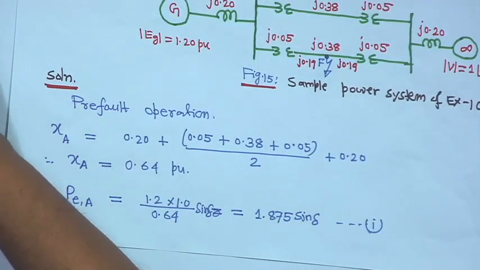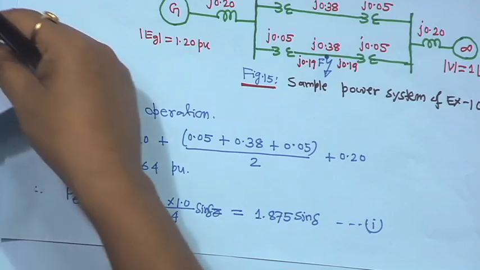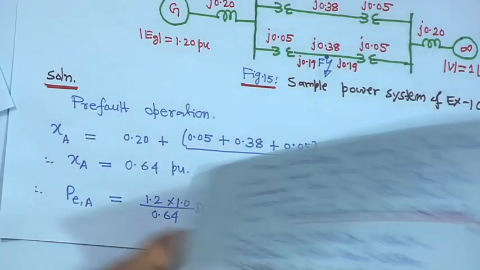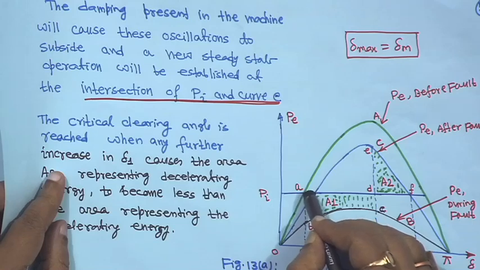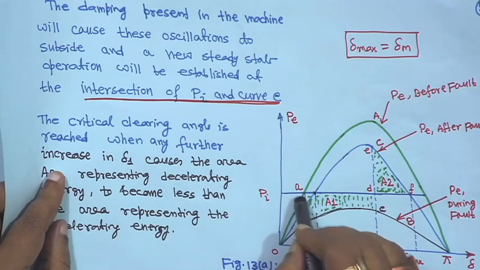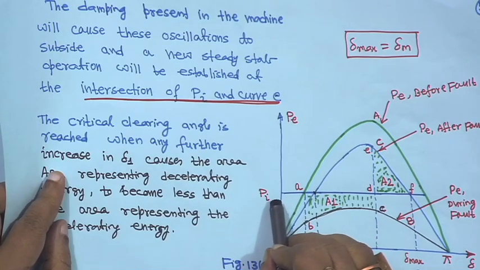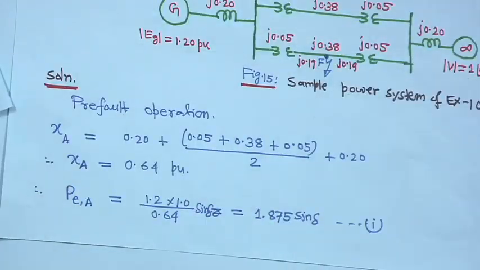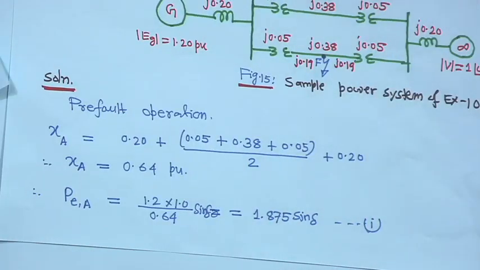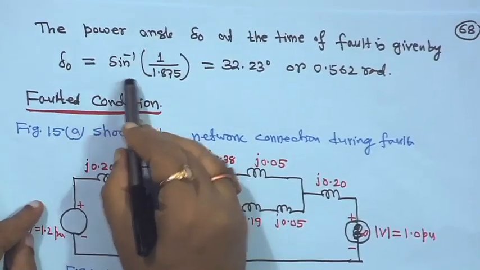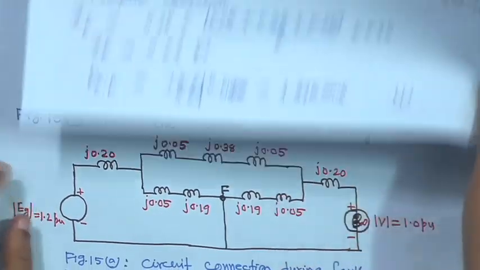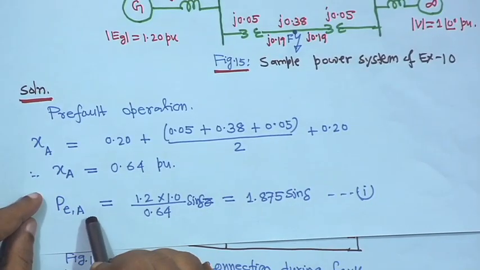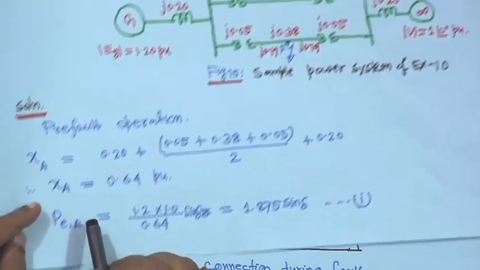Similarly, now during fault, before that we have to compute the delta 0 angle on the green graph. This delta 0 angle is also required, right, but P I is given, P I is given as 1 per unit. In that case, the delta 0 will be sin inverse 1 upon 1.875, because when P E is equal to P I, operating at steady state, right, before fault.